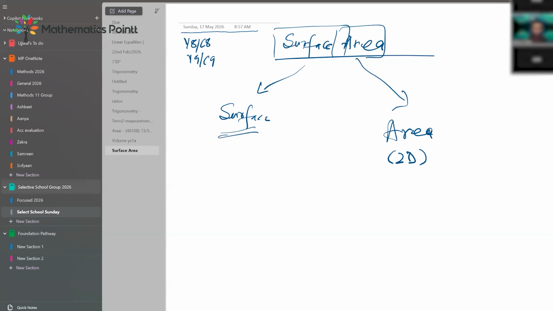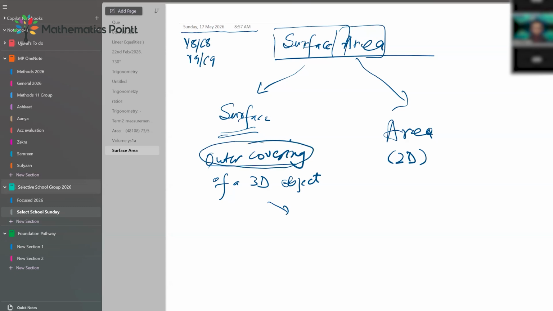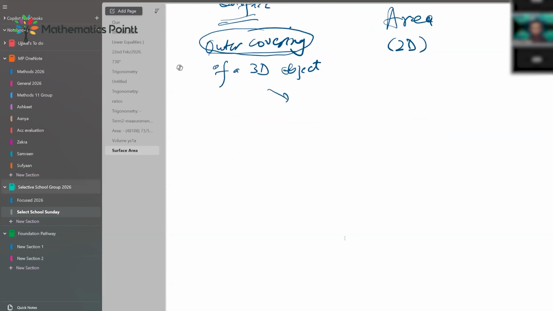Now, when it comes to surface, surface means anything which is the outer covering of a three-dimensional object. Basically, the outer covering, and that could be as layman as it could get for me, right? The outer covering of a 3D object. So what we are trying to do is find the area of this outer covering. When I say cover, it might not be the greatest word, but think about this.